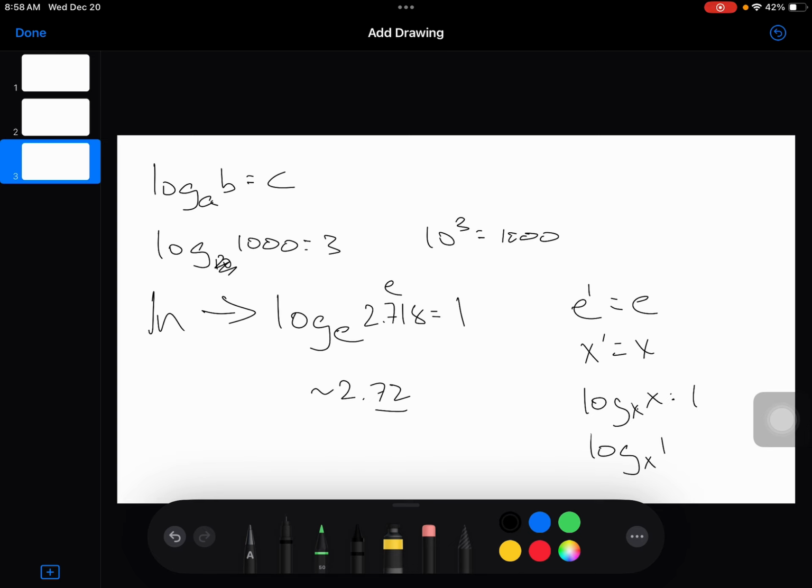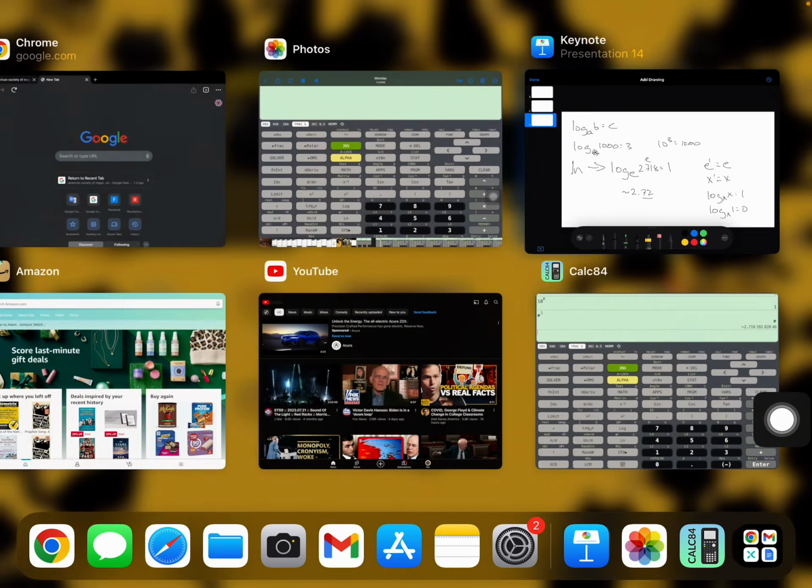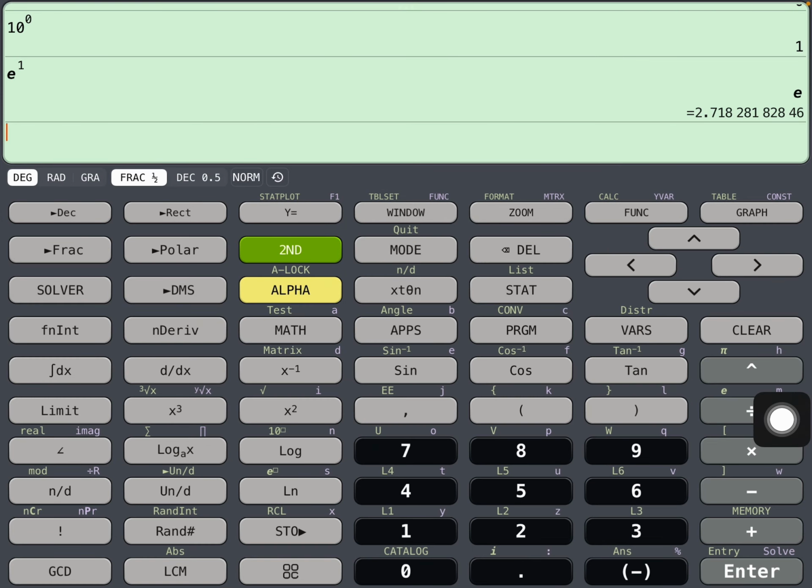If we have a 1 there, then that's going to be equal to 0, which is part of our log rules. And so let's have a quick look back at the calculator and confirm that ln of e to the first, well, that's going to be equal to 1.